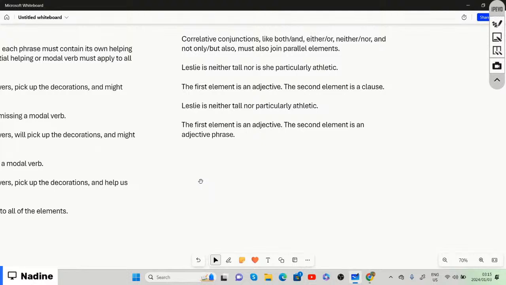For example, Leslie is neither tall nor is she particularly athletic.